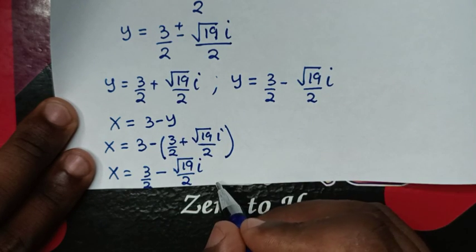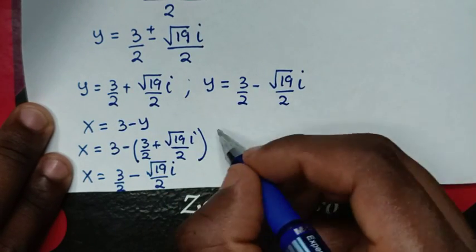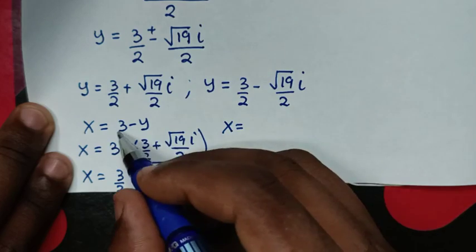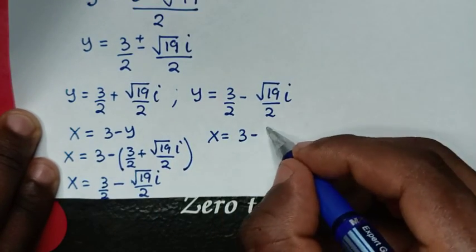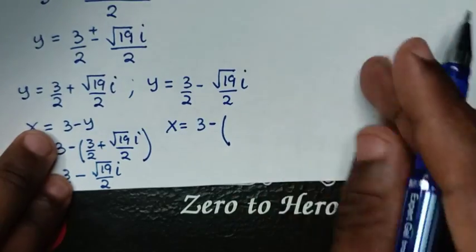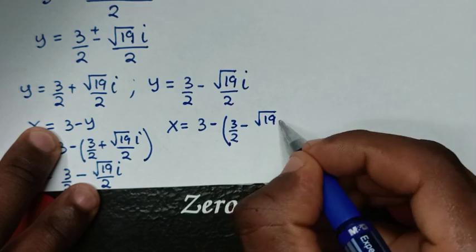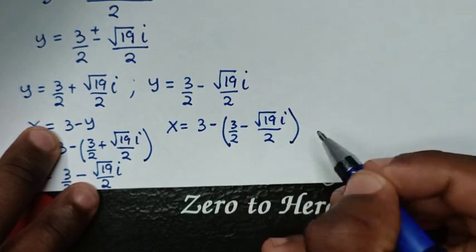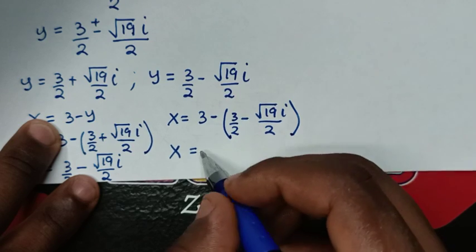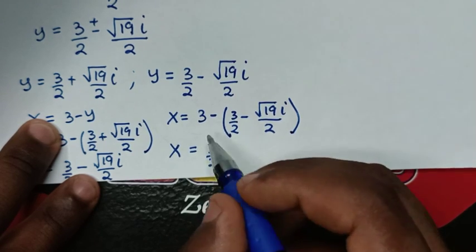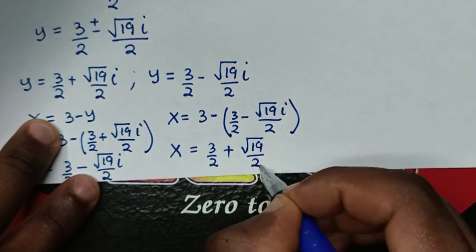So this is the value of x for this value of y. And for the other, x is equal to 3 minus (3 over 2 minus square root of 19 i over 2). Then x is equal to 3 minus 3 over 2, which is 3 over 2, and negative and negative become positive, square root of 19 over 2 i.